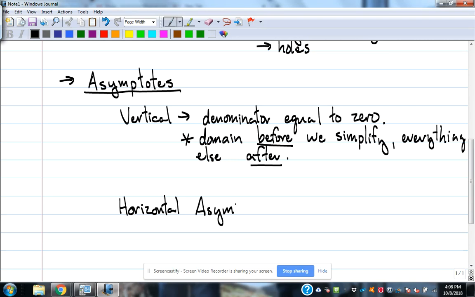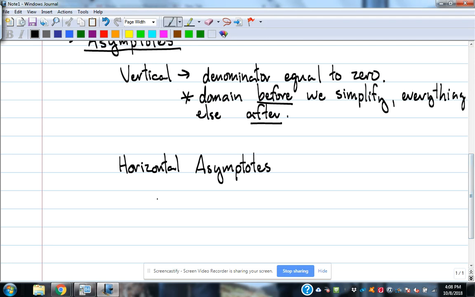Horizontal asymptotes, there's two scenarios where this could happen.